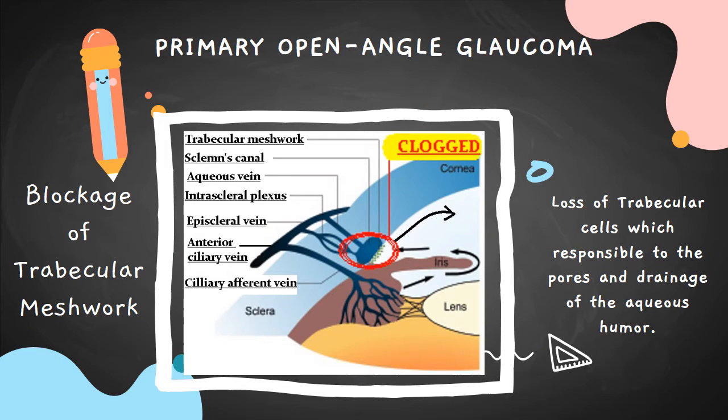This is the common anatomical condition of primary open-angle glaucoma, which is due to blockage of the trabecular meshwork, caused by the loss of trabecular cells that are responsible for opening the pores for drainage of aqueous humor out from the eye. There is no anterior or posterior synechiae that blocks the flow of aqueous humor, and the angle between the iris and cornea is in normal condition with no abnormalities detected.